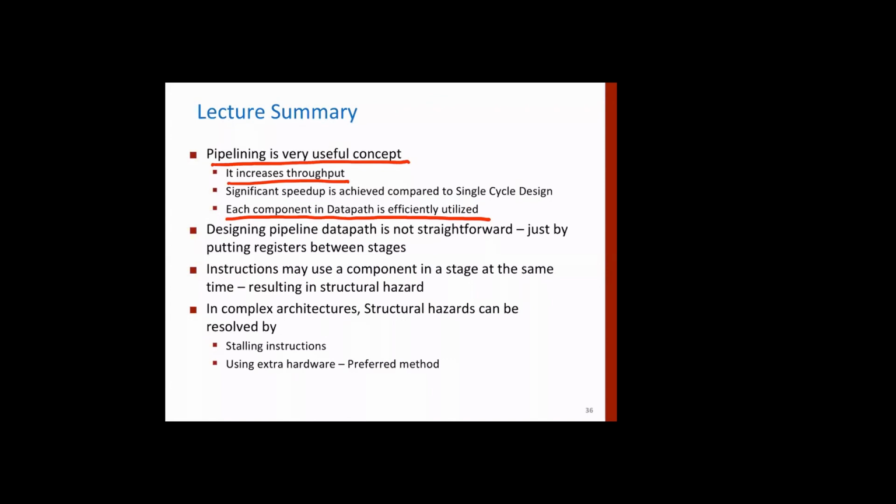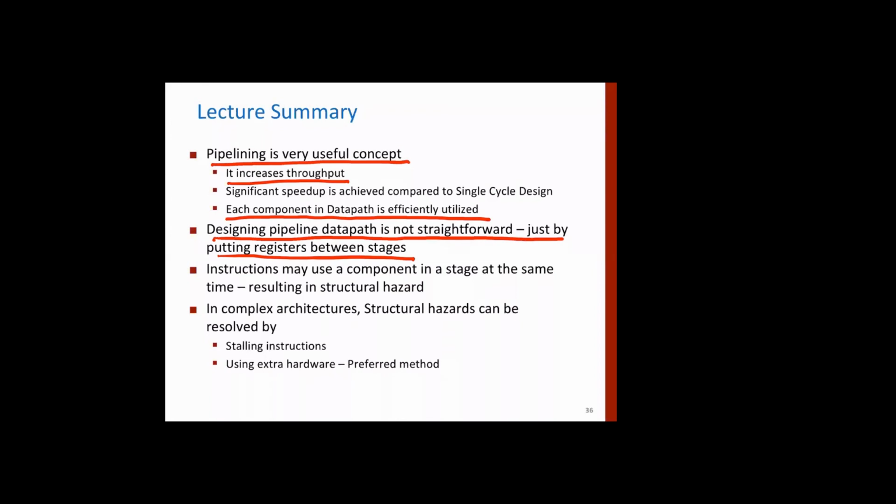However, designing a pipelined data path is not straightforward just by putting registers between stages. This is because of several reasons. First, there can be dependency between instructions, so we can have different kinds of hazards: control hazard, data hazard, or structural hazard.